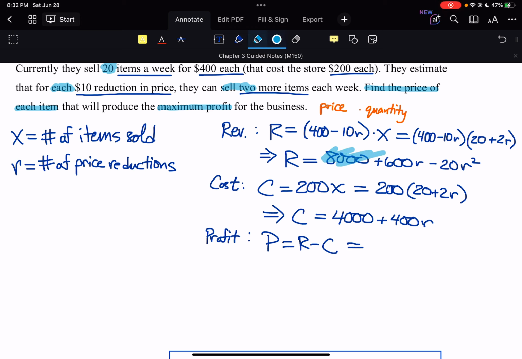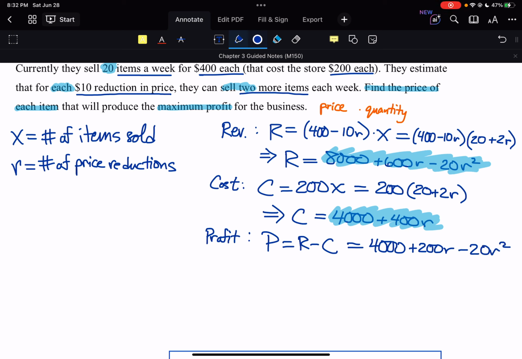So we take this formula minus this one. So that's going to be 8,000 minus 4,000, 600R minus 400R, and then minus 20R squared. So now here is the formula that we're going to work with.